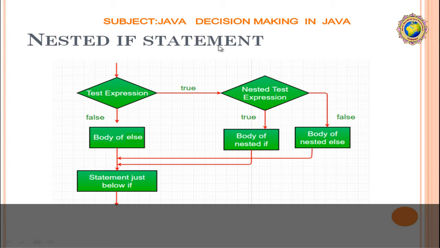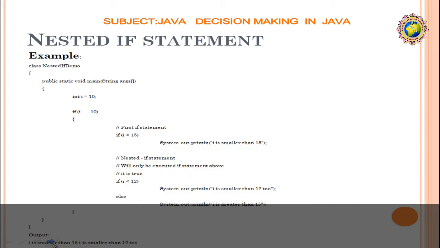So this is about the nested if statement. Next, the example. We have taken the value of i as 10. If i equal to 10, then the next condition will be checked. If i less than 15, then System.out.println i is smaller than 15.